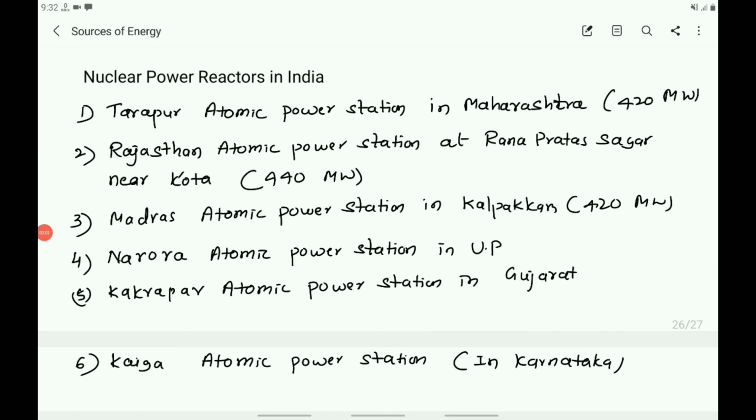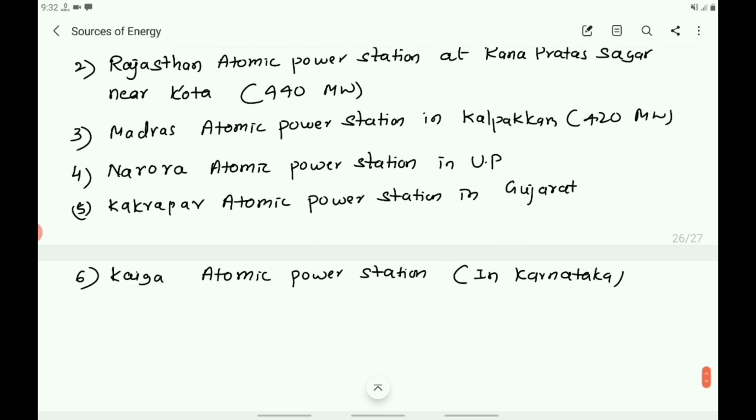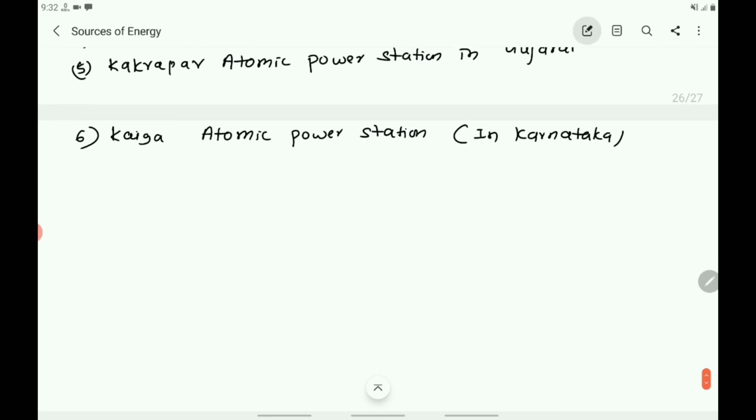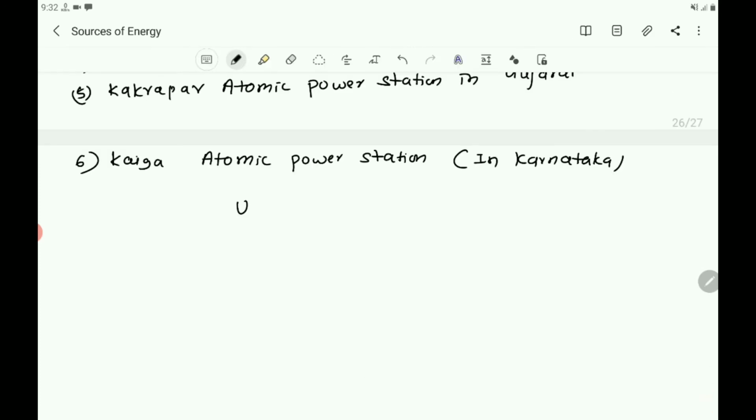So then what is the fuel used in the nuclear power reactor? The fuel is nothing but uranium. So uranium 235. Fuel used is uranium 235.